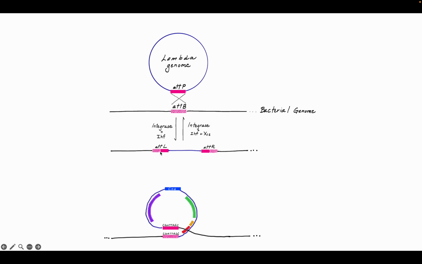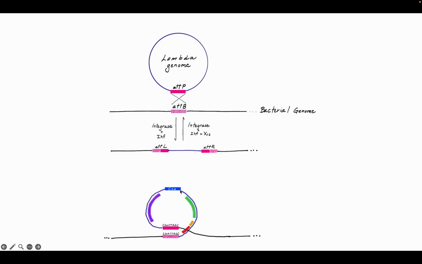That prophage genome is defined now by at L and at R, which are just hybrid versions of at P and at B. But once that integration occurs, because the cut happens at the at P site, what's to the left of the at P will be one end of the genome, and what's to the right of at P will be on the right end of the genome.